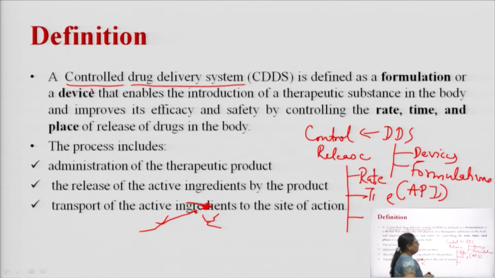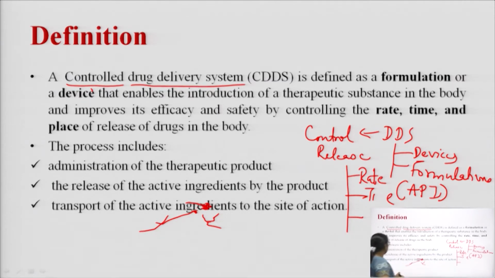So that when they control the rate of drug release, then they will be called as modulated drug delivery system. When they exhibit a control on time of drug release, they will be called as extended drug delivery system. When they control the place of drug release or site of drug release, this will lead us to what are called as targeted drug delivery system.